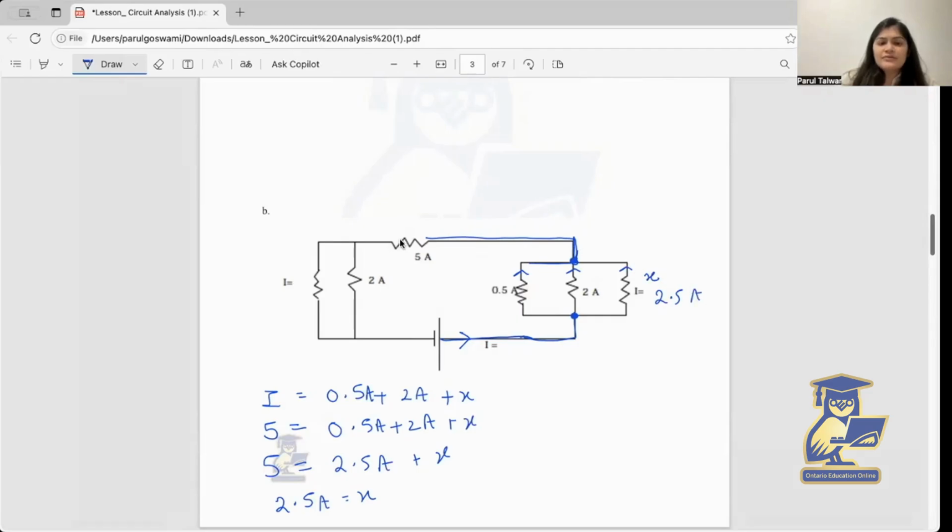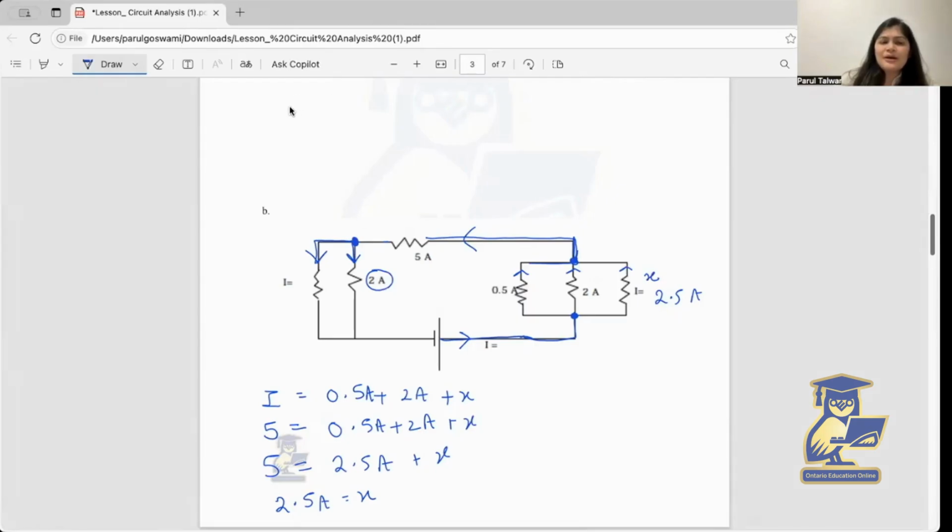So now this 5 ampere current is moving in this branch, and 5 ampere will reach this junction. Here some of the current will flow in this branch of the wire and some of the current will flow in this branch of the wire. In the first branch we are given that the current flowing is 2 ampere.